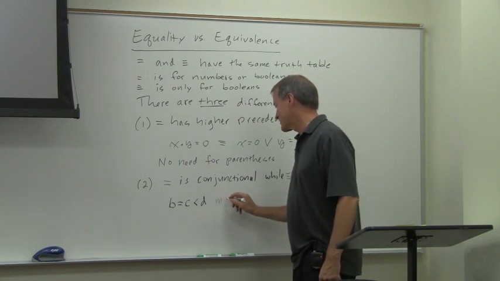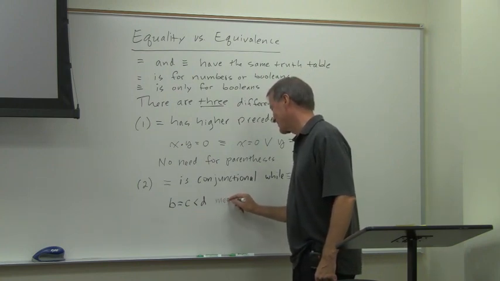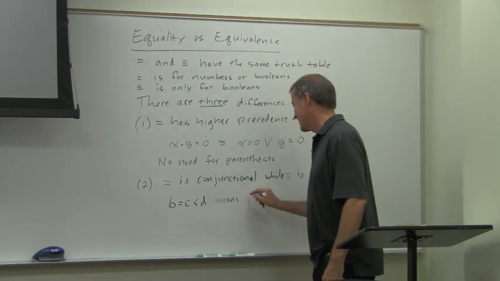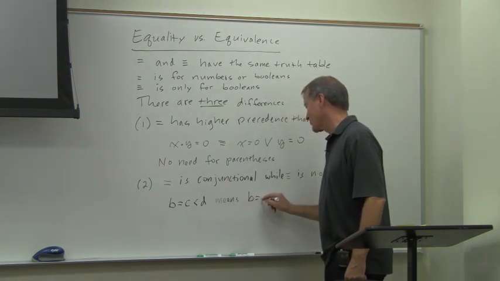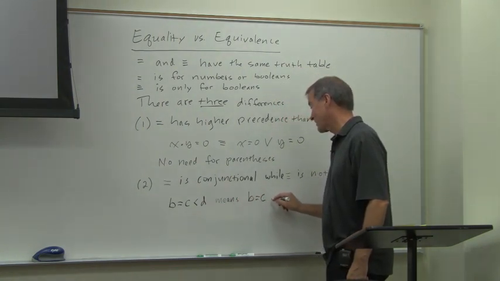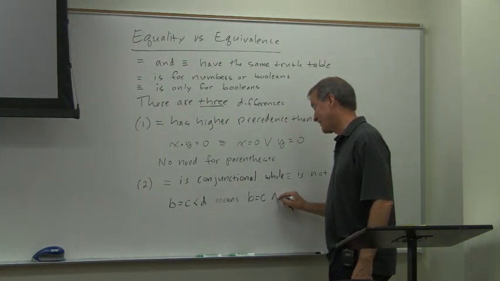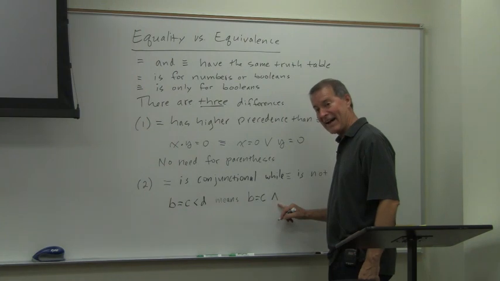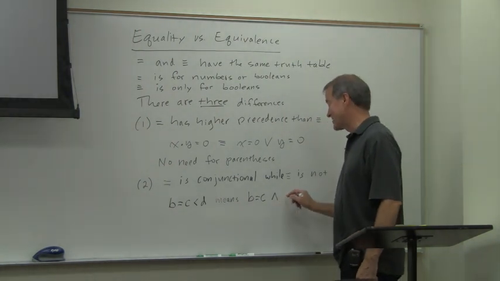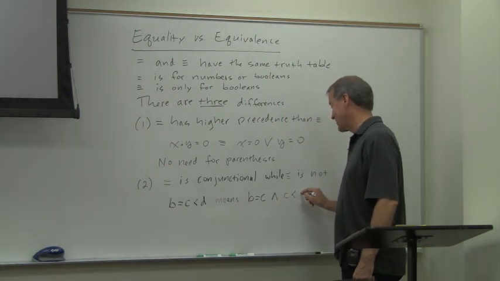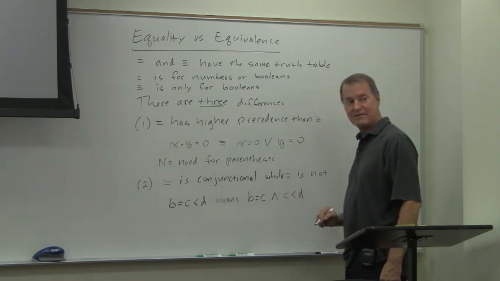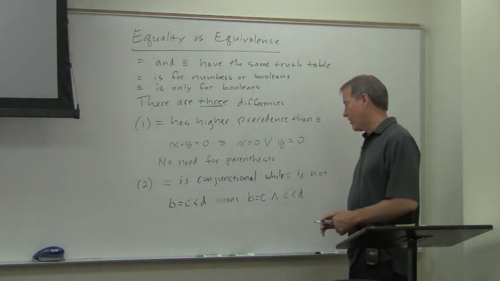This means B equals C, in parentheses, and C is less than D. So that's what we meant by B and C are less than D, because they're the same.